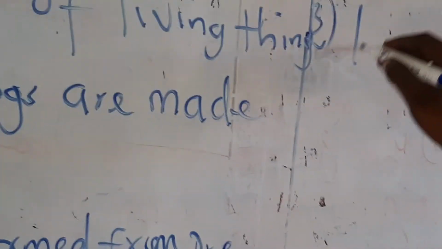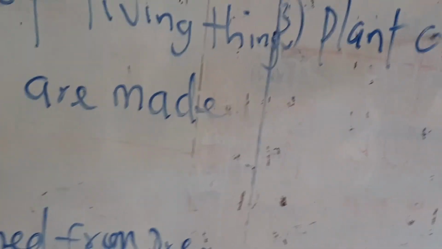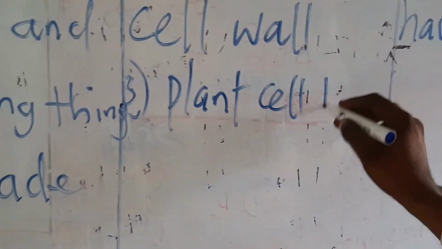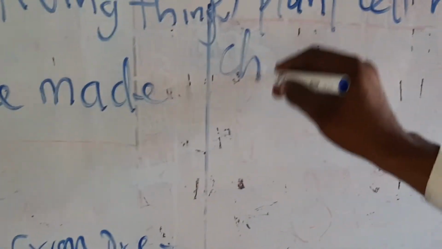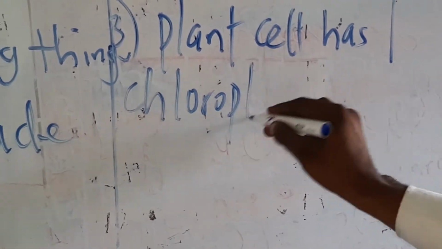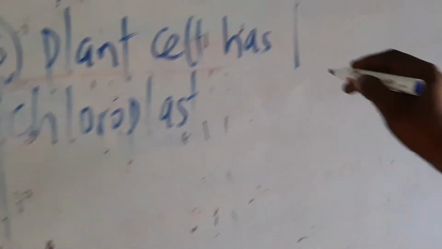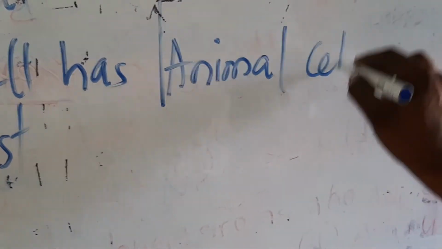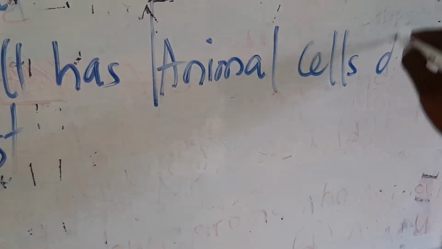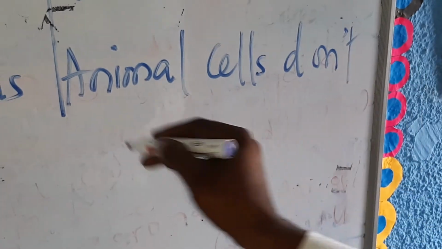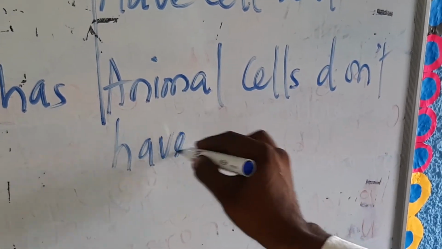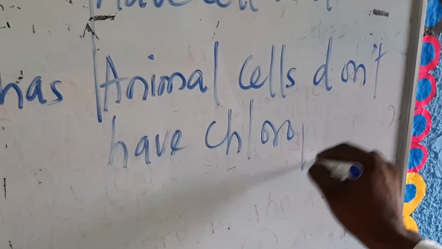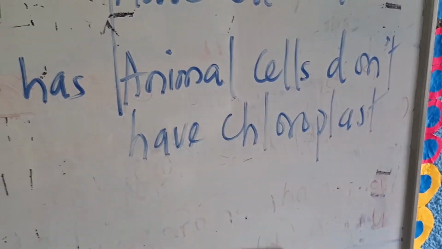So another difference is that plant cell has chloroplast. Animal cells don't have chloroplast. Now, someone will ask me, this chloroplast, what is it all about?